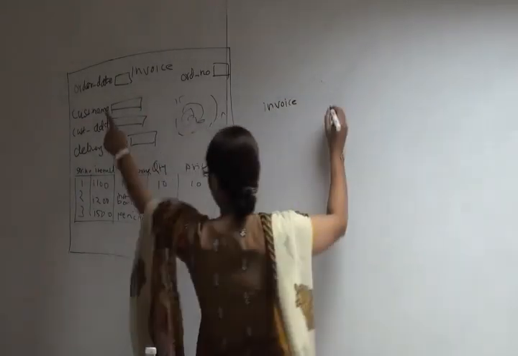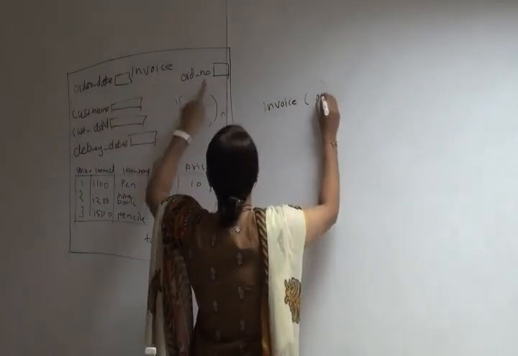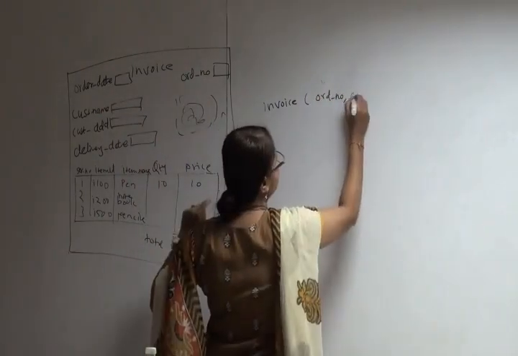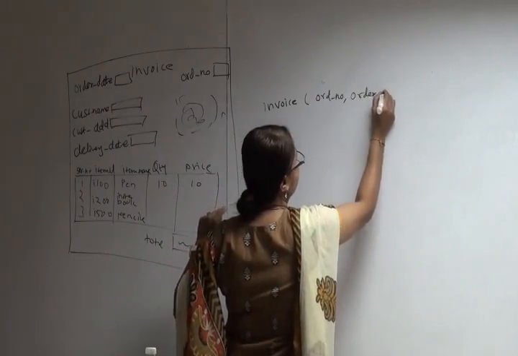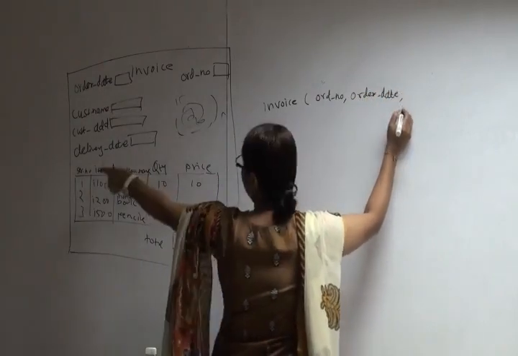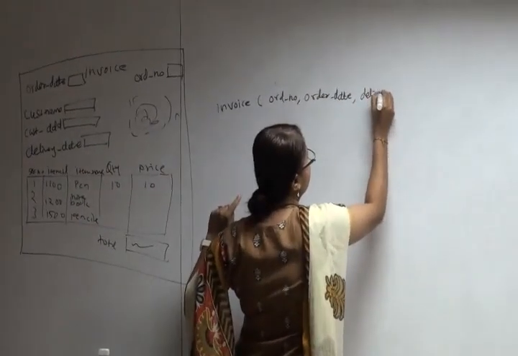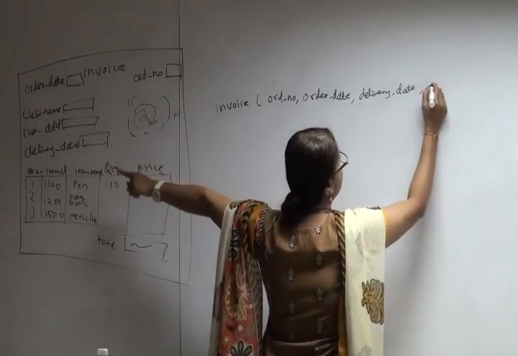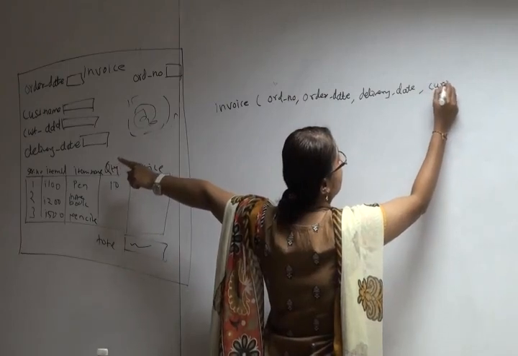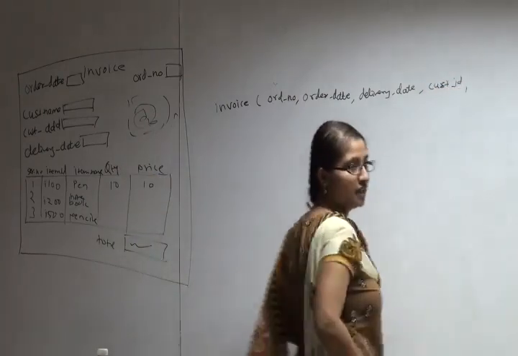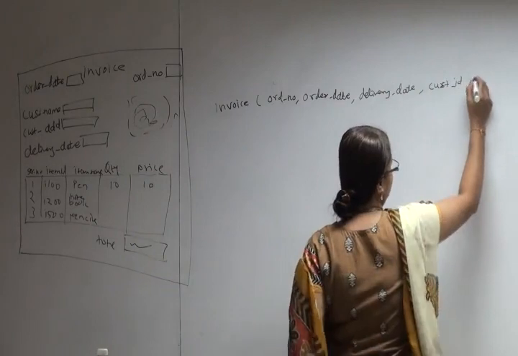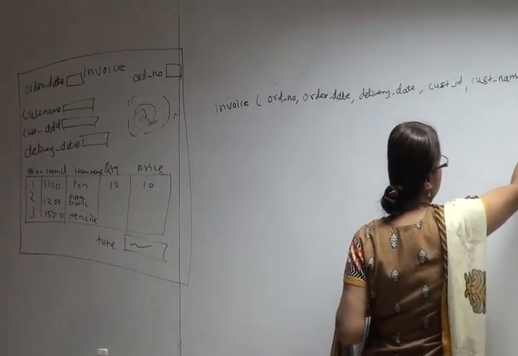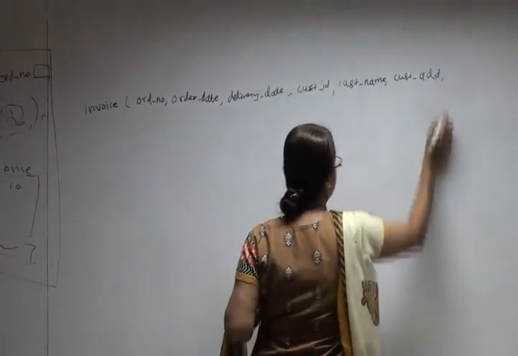In the invoice table there will be order number, then order date, then delivery date, then customer ID needs to be there, then customer name, customer address.